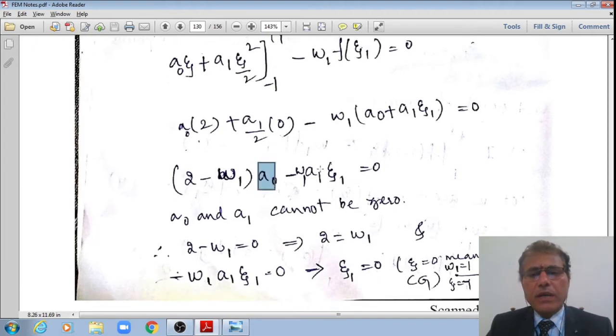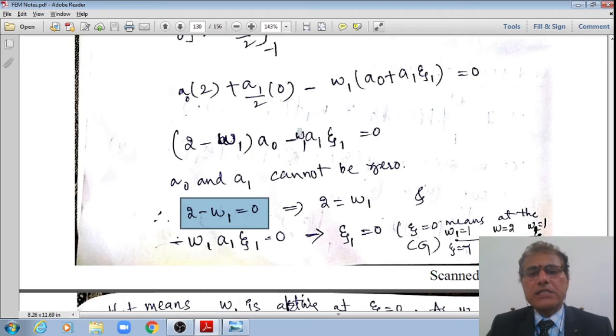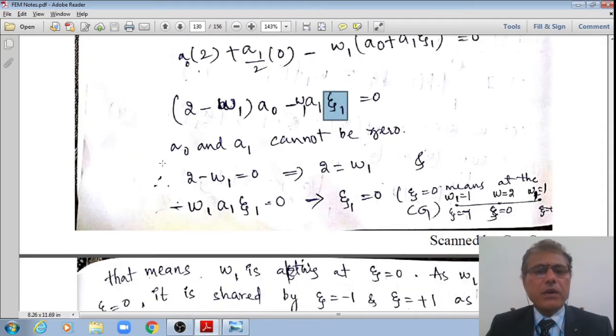Hence, what can be 0? Their coefficients must be equal to 0. Hence, I'll say 2 minus w1 must be equal to 0, right? As well as w1 multiplied by xi1 is equal to 0. Therefore, now I'll get w1 must be equal to 2.